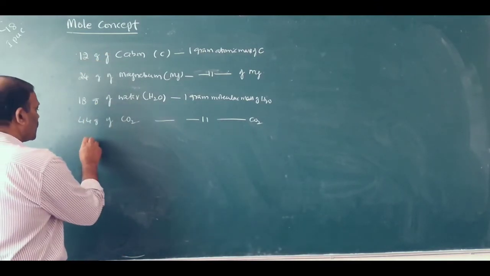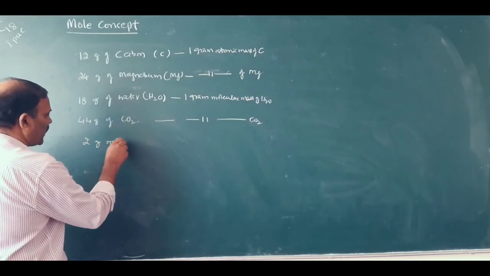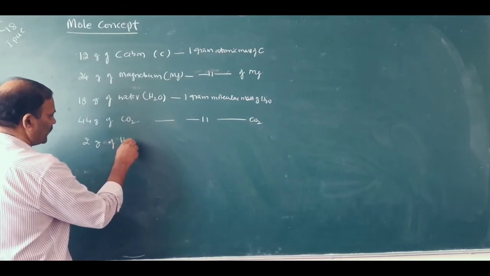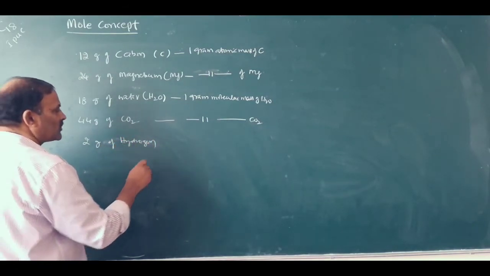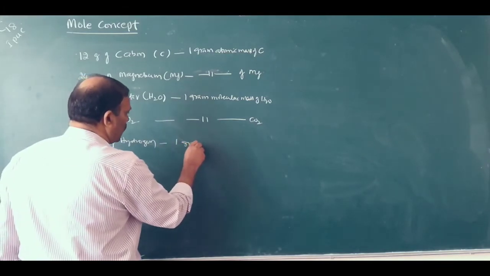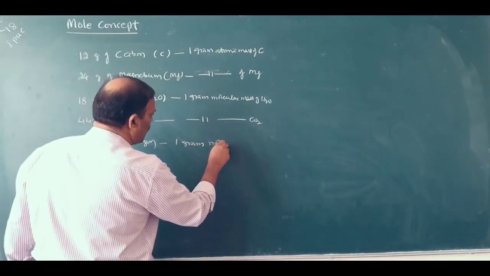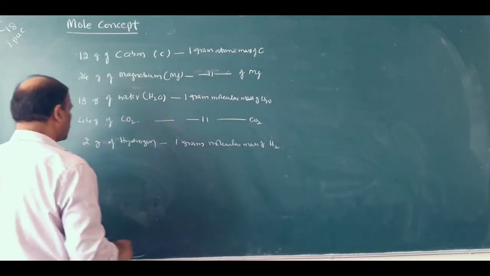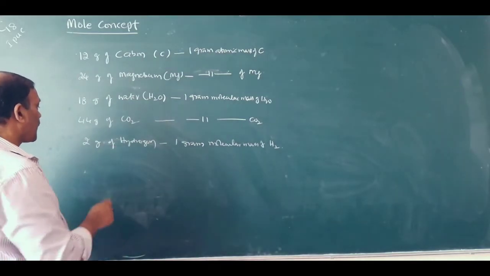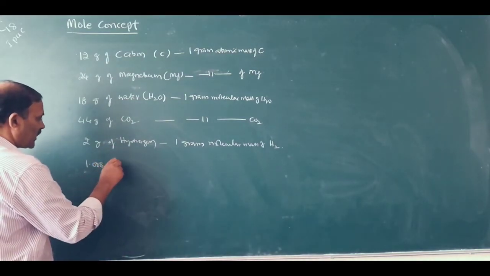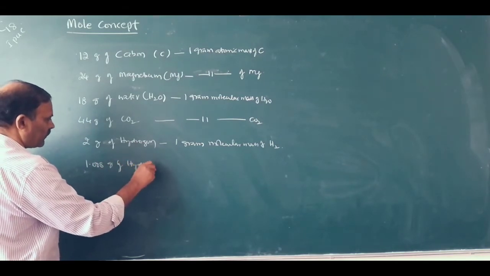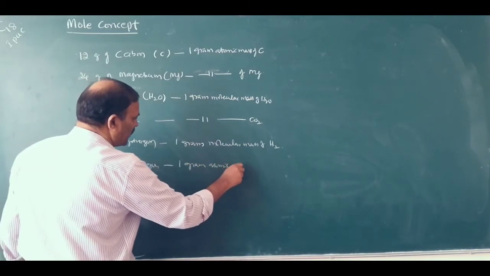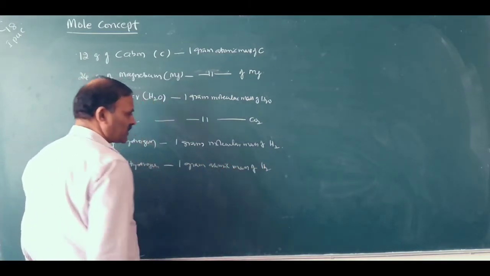Similarly, 2 gram of hydrogen means it is 1 gram molecular mass of hydrogen. What is atom? 1.008 gram of hydrogen is 1 gram atomic mass of hydrogen.